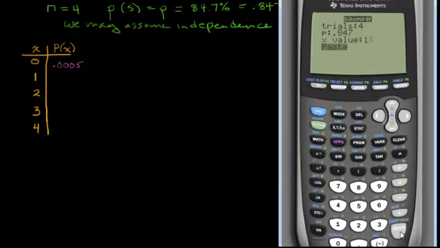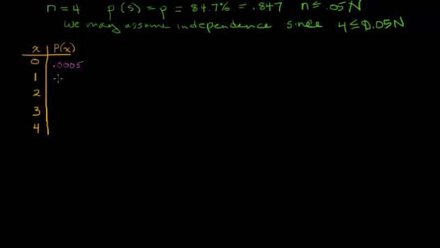Okay, enter. Enter. Alright, and now it's ready. You see NPX with commas between. Enter. And this time I get 0.0121. Okay?